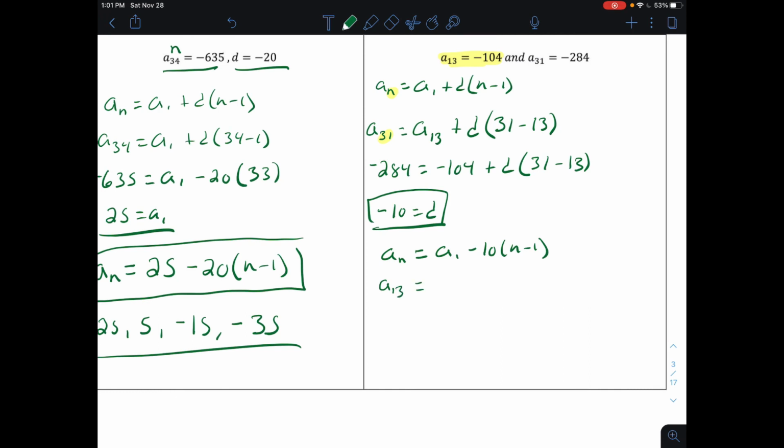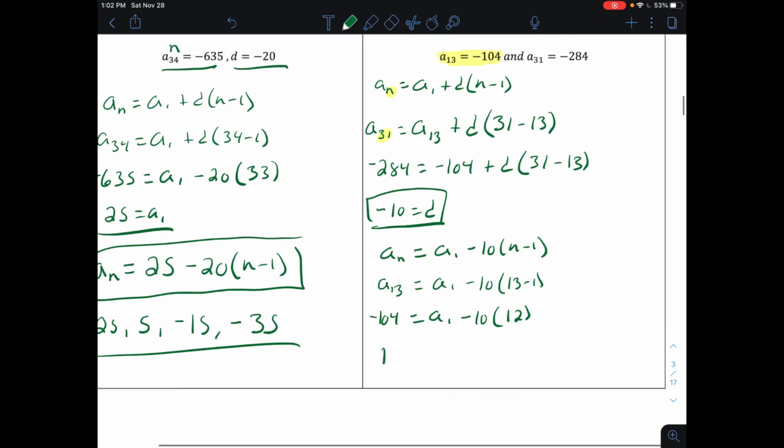So a13 is going to equal my first term minus 10 times 13 minus 1. We know a13 is negative 104, so negative 104 is equal to a1 minus 10 times 12. And we go solve for our first term. Adding 120 to the other side, we get our first term to be 16.